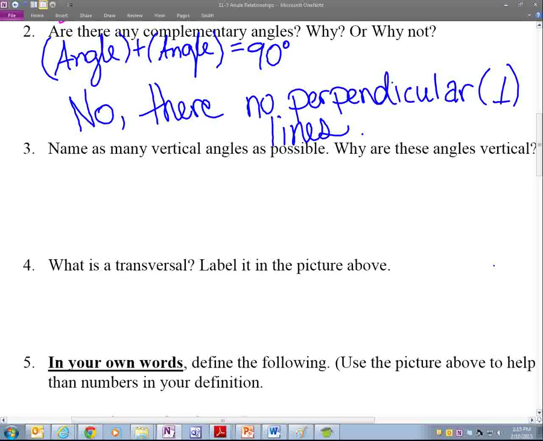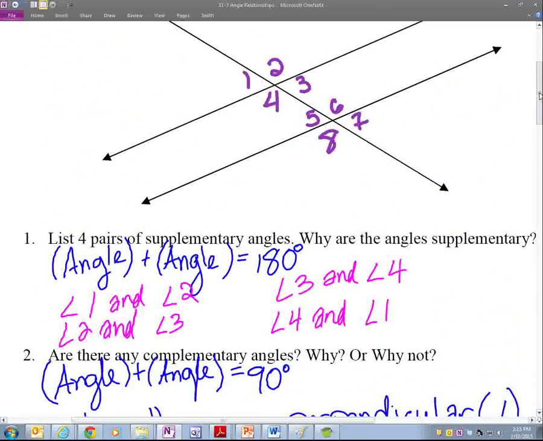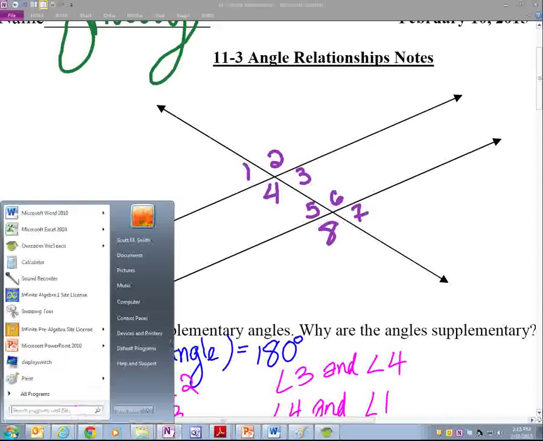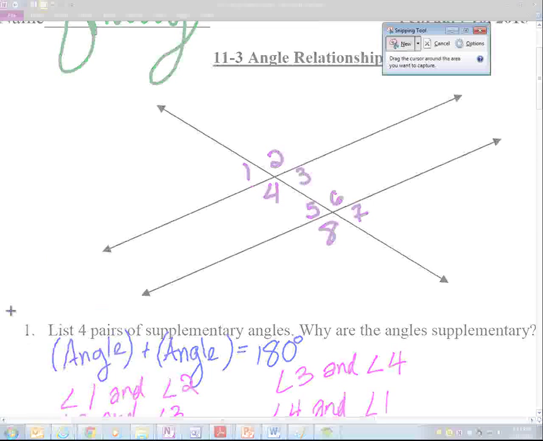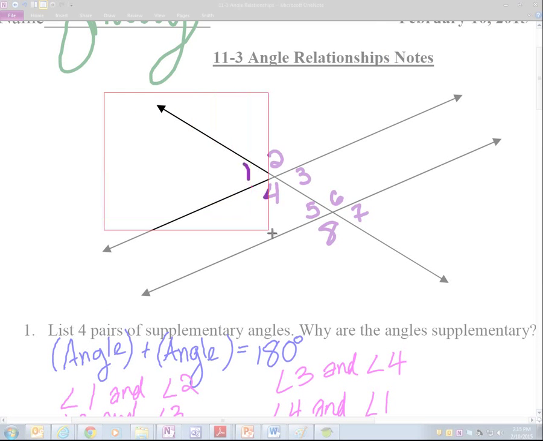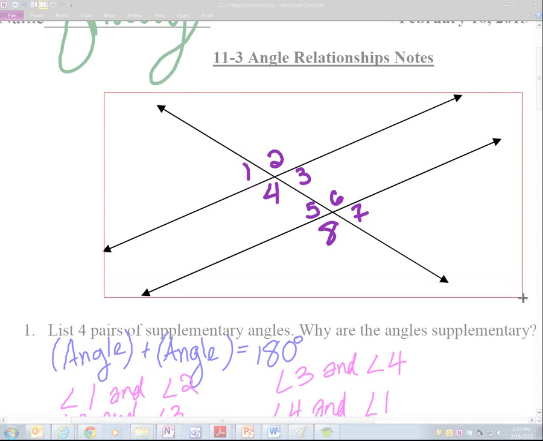No lines are perpendicular. Now, name as many vertical angles as possible. Now, let's see if I can do this with the stylus. When you think of the word vertical, what do you think of?